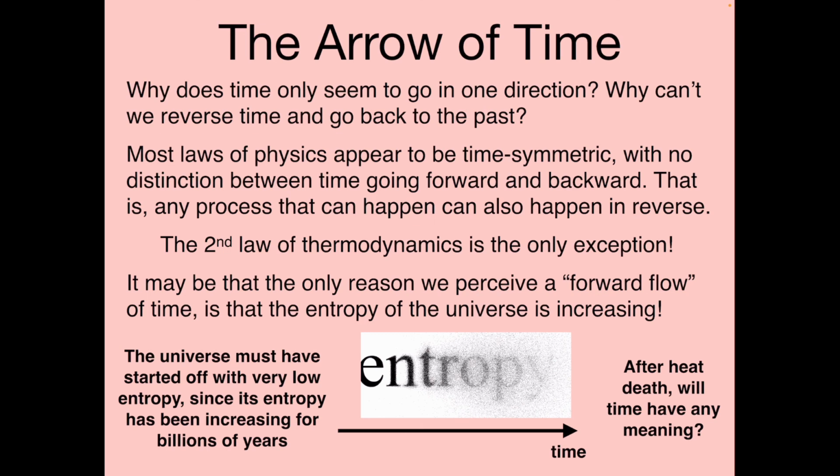So if you think about this on the large scale, in terms of the universe as a whole, if entropy is always increasing, that means the entropy must have started off at the Big Bang with a very, very low entropy, because the entropy has just been going up ever since then. So the entropy starts off very low, it increases over time, and as we see that entropy increase, that might be responsible for the idea that there's an arrow of time, that time goes forward.